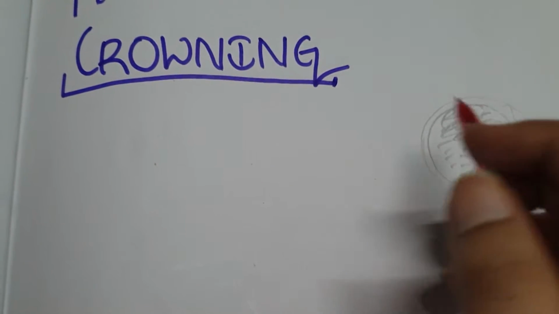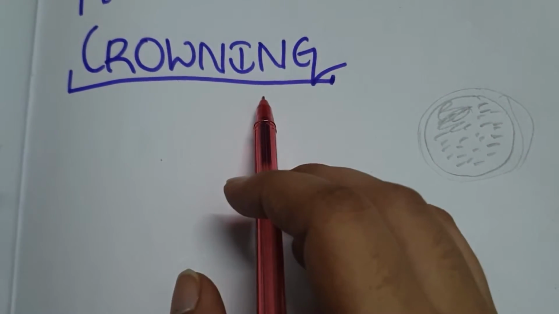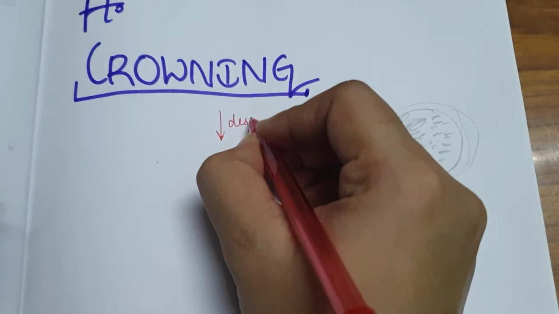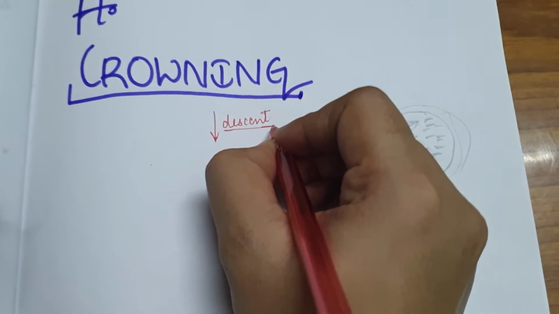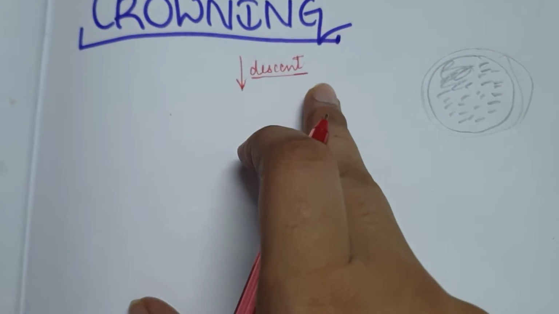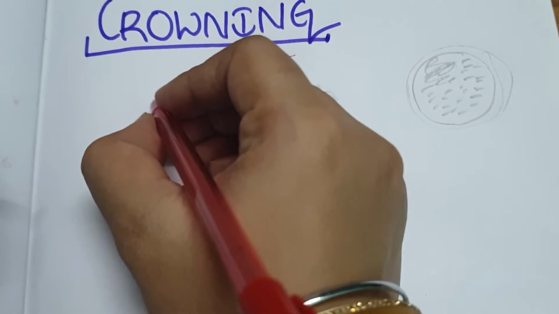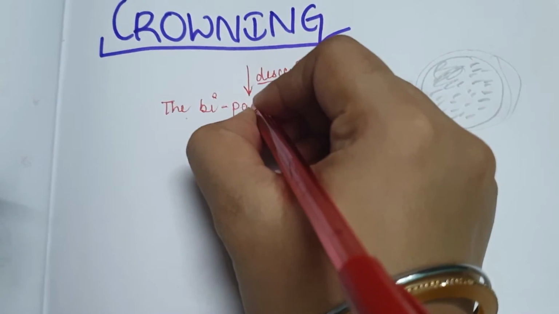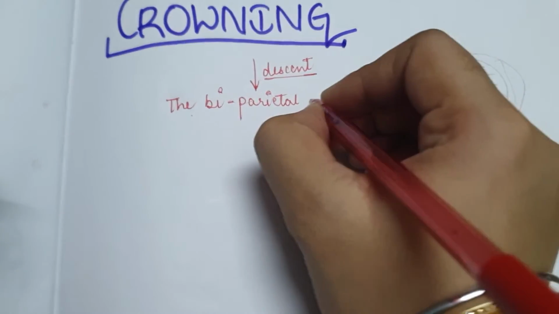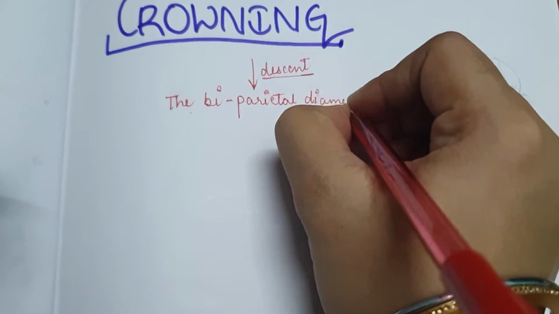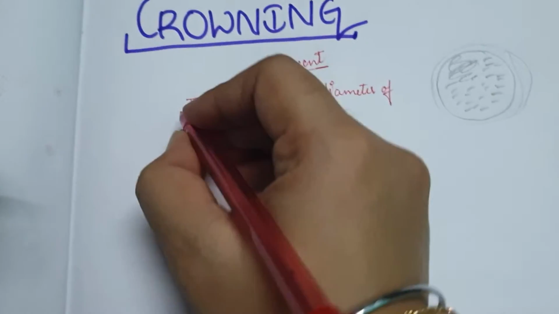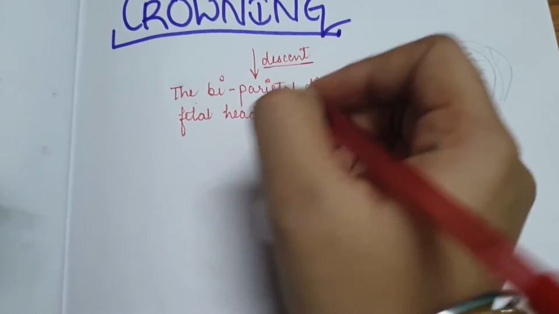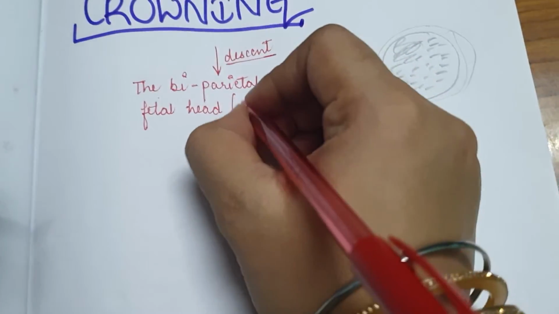After the internal rotation, the next step is crowning. So in the crowning, with the further descent, means with the further downward movement of the fetus, the biparietal diameter of fetal head, that we already discussed, that it is a transverse diameter.